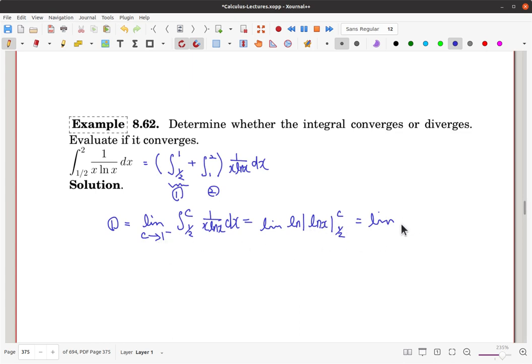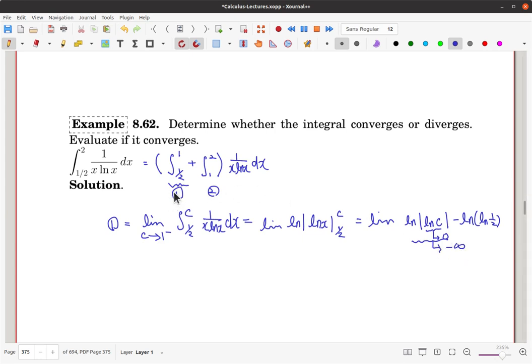That is the logarithm of the absolute value of logarithm c, minus the logarithm of the absolute value of logarithm of a half, right? Now this is a bounded number, and as c approaches 1, this one is approaching 0, then this whole thing is approaching minus infinity.